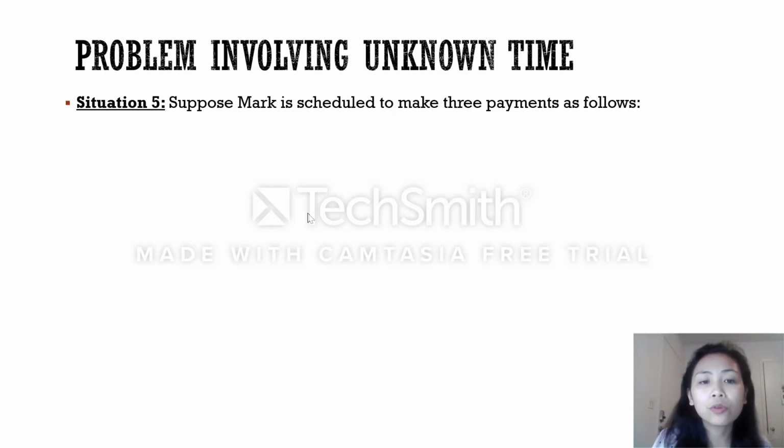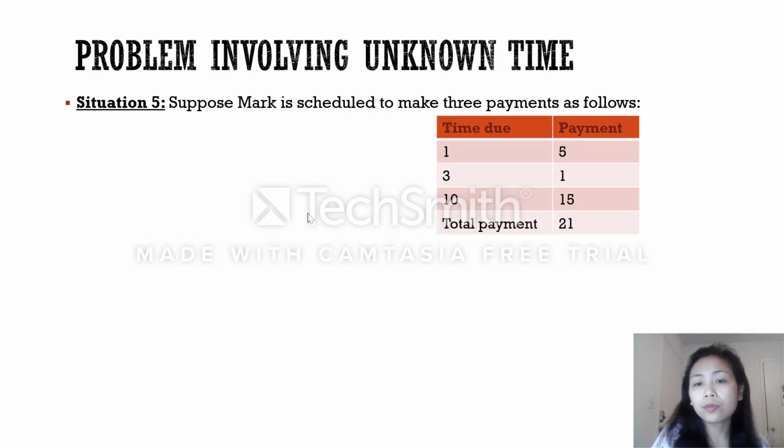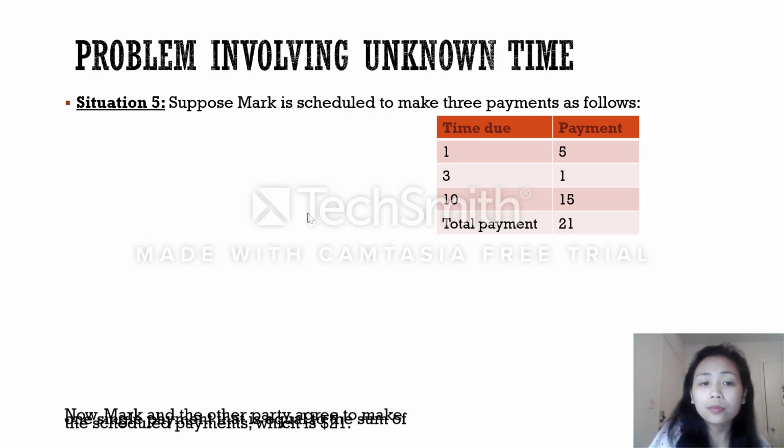Situation 5. Suppose Mark is scheduled to make 3 payments as follows. At the first year, 1 year from now, he has to make a payment of $5. 3 years from now, he has to make a payment of $1. And 10 years from now, he has to make another payment of $15. So the total payments he needs to make is $21.